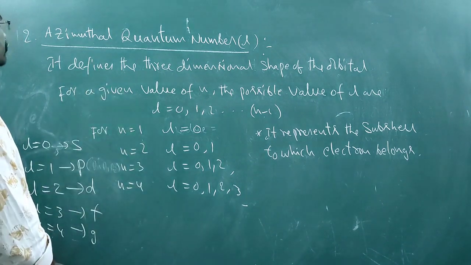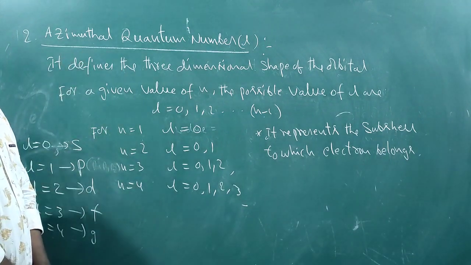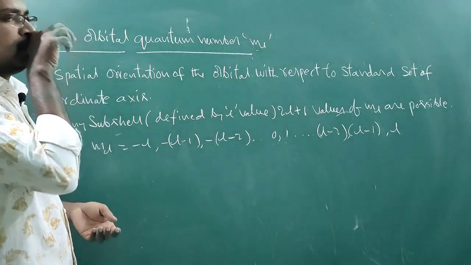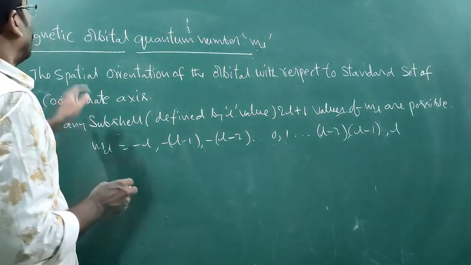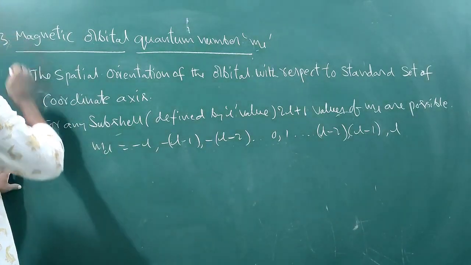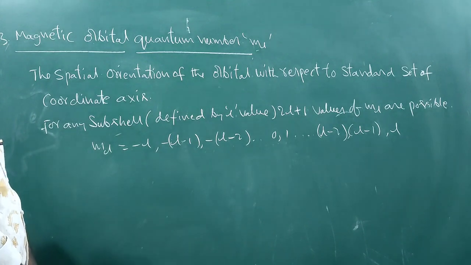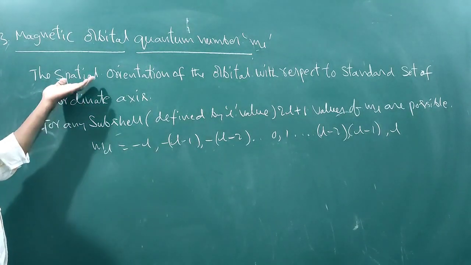Next quantum number, the magnetic quantum number. Let us see the concept. Magnetic orbital quantum number ML, this is the third one. What does it indicate?